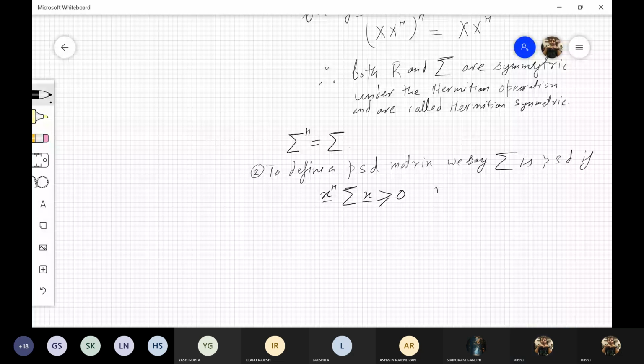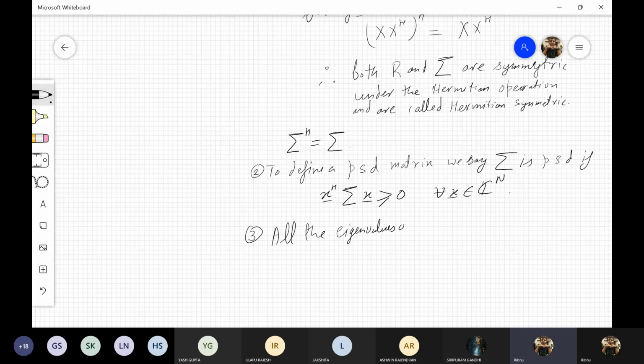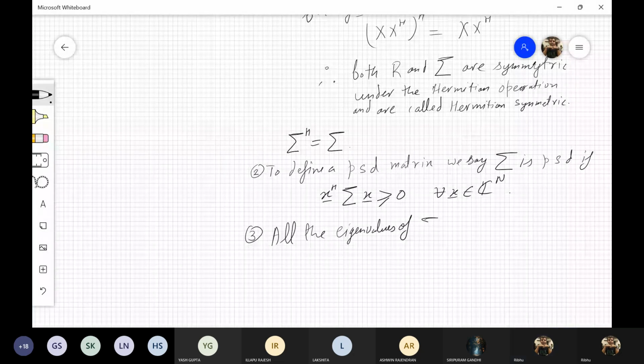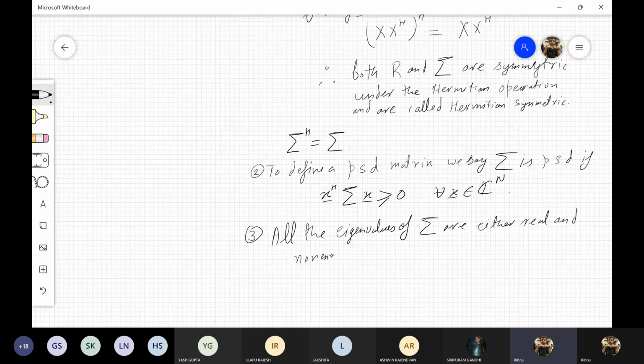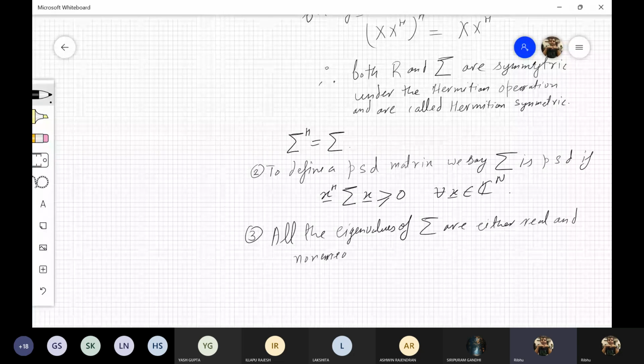Again, the third property is that all the eigenvalues are real, and complex eigenvalues, if any, exist in conjugate pairs.